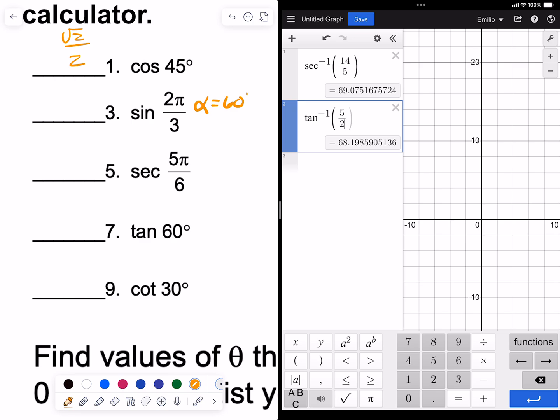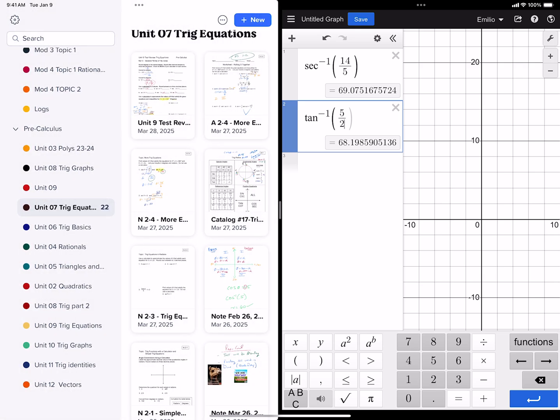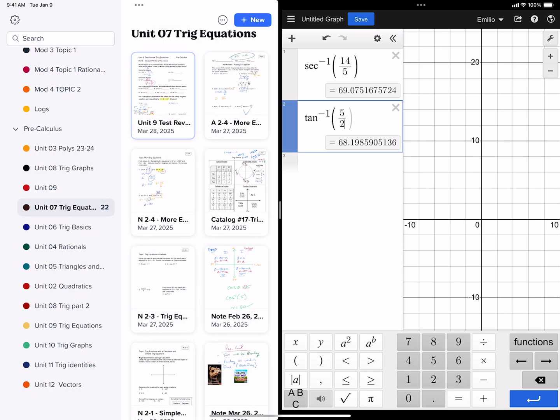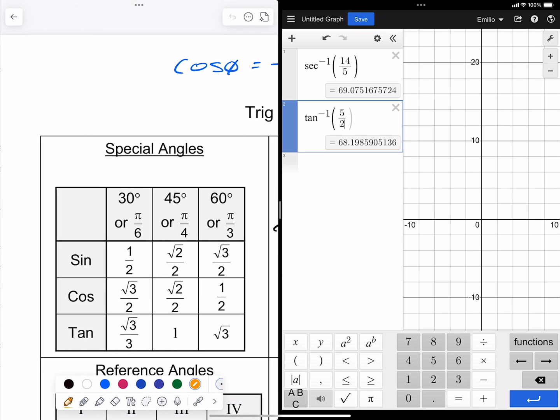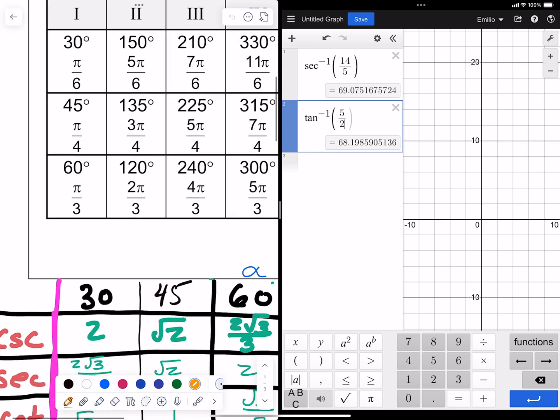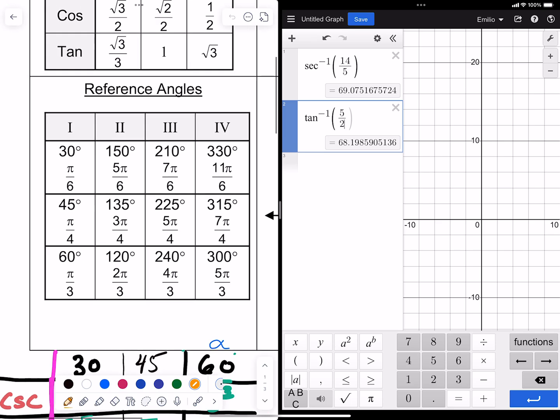Let me show you here. So let me go back here. So see how this is 2 pi thirds? We're gonna go here. 2 pi thirds is the same as, where is it at? Right here. That means that all these right here are your reference angles. So these right here, these are all your fishies.